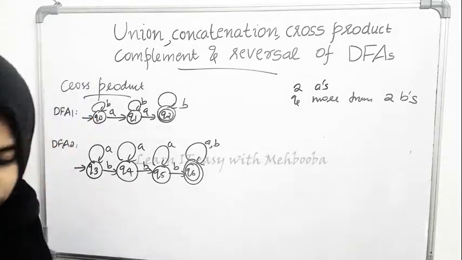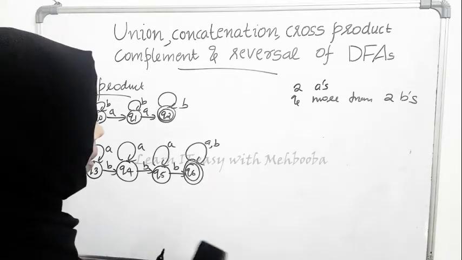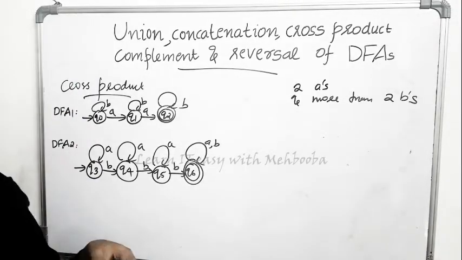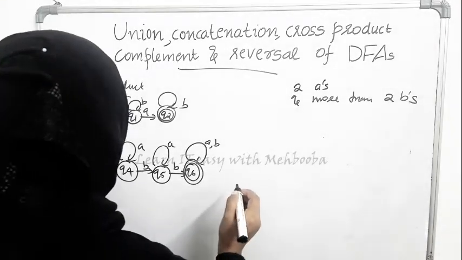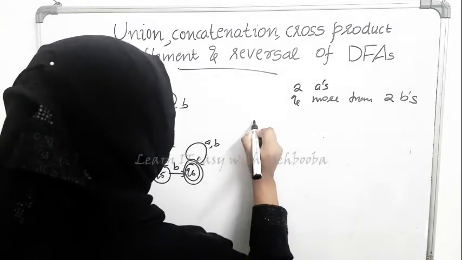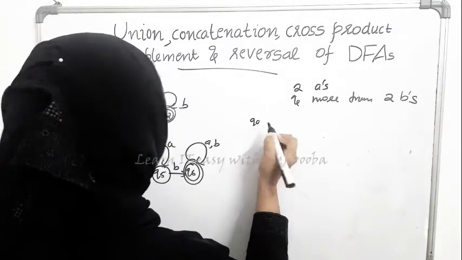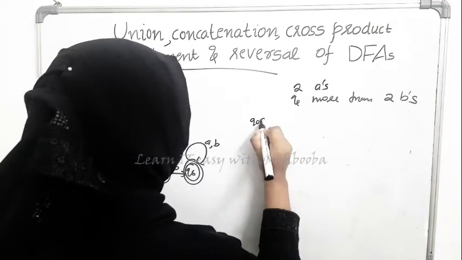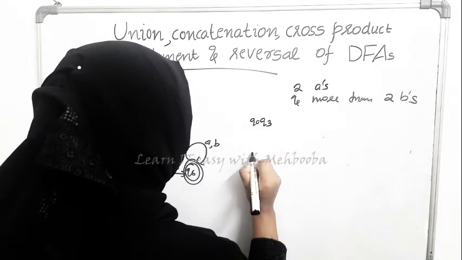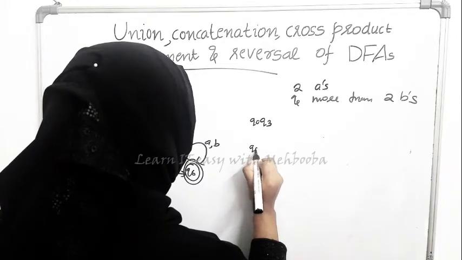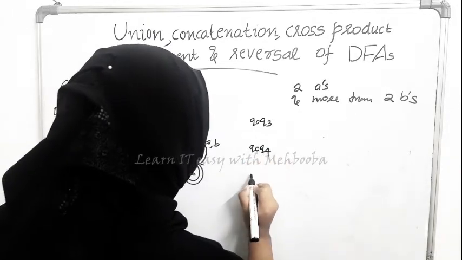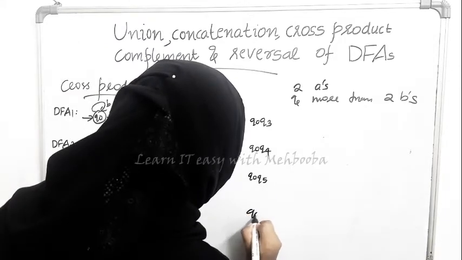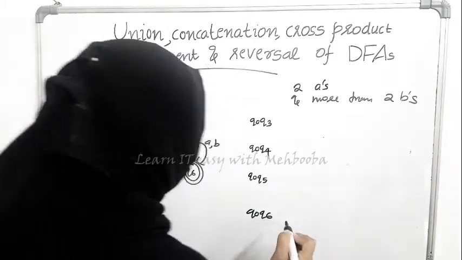Now we will draw the combined DFA. For drawing the combined DFA, you have to take a Cartesian product of states. So Q0, Q3, Q0, Q4, Q0, Q5, Q0, Q6.